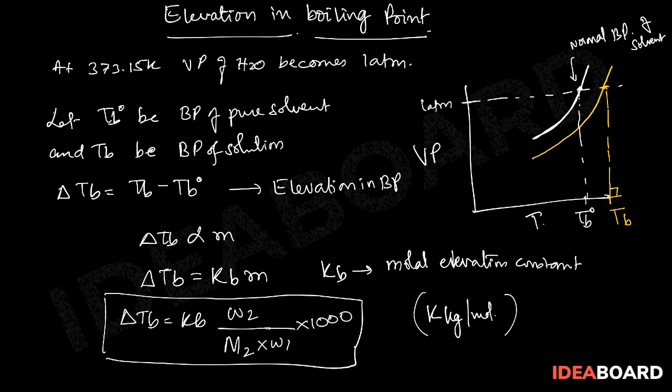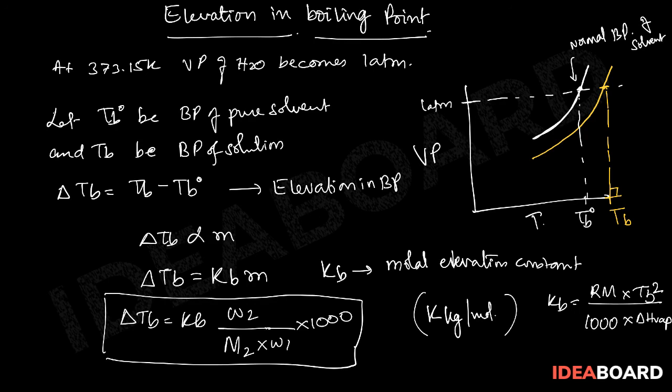From this equation, Kb can also be calculated, and this equation is beyond the scope for us to derive. So Kb is equal to R into m into Tb square divided by 1000 into delta H vaporization.